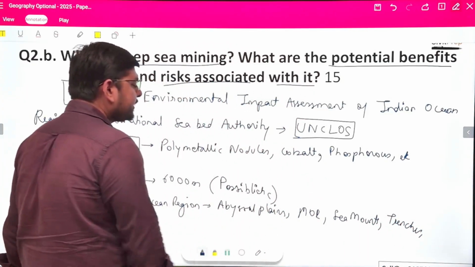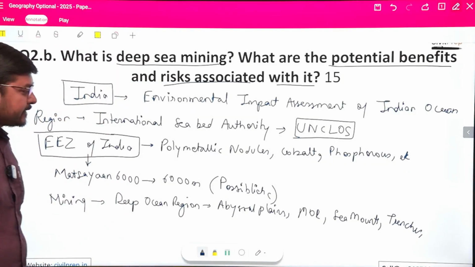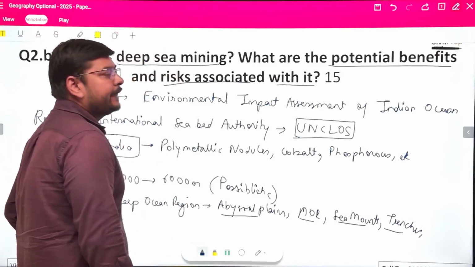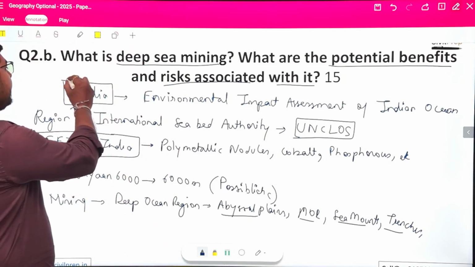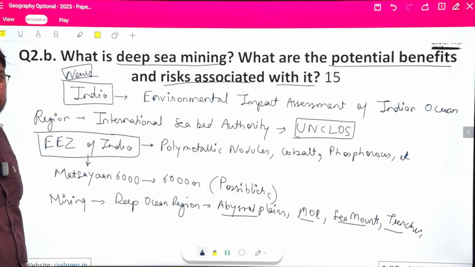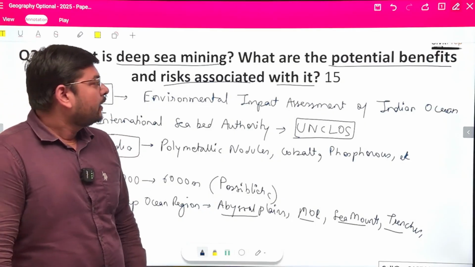These are regions where we can find various kinds of resources deposited in due course of time. This is one area which has been in the news recently. Therefore, this question was very well expected.